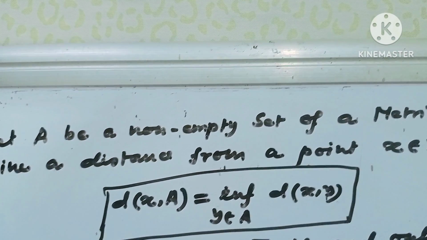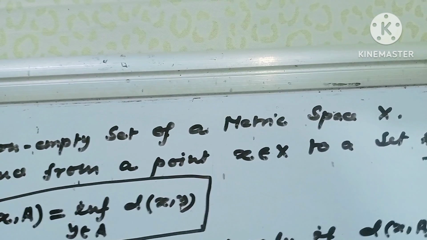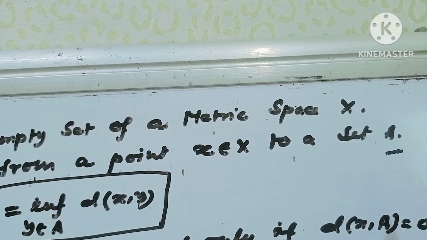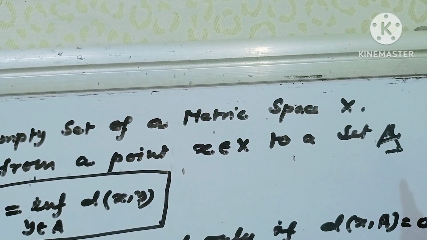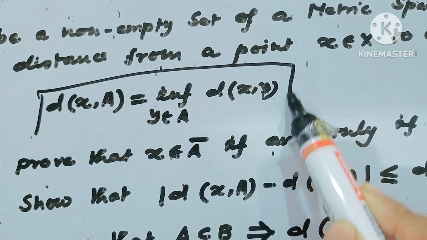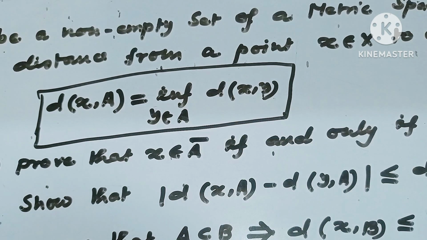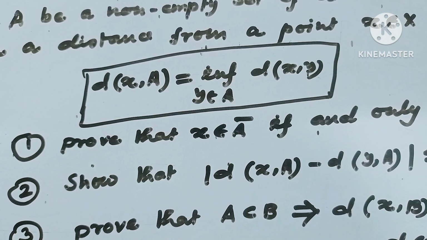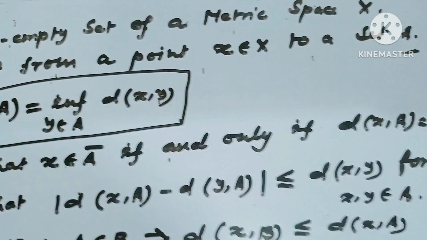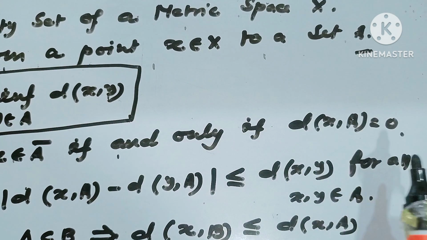Question is, let A be a non-empty set of a metric space X and define a distance from a point x in X to a set capital A. Here, distance from a point to a set, and this distance is such that d of xA equals infimum over y belongs to A of d of xy. Then option 1, prove that x belongs to A closure if and only if d of x comma A equals 0.